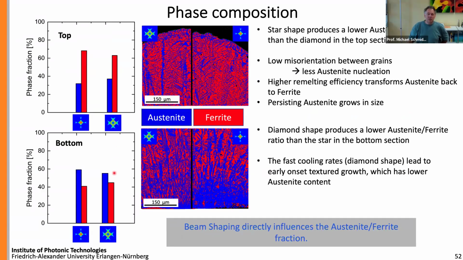And at the bottom, and this is of course the influence of the residual heat that we get when we build up our part, we get much more austenite than we had originally on top, and our ferrite is quite reduced, and we are in an area already where you can see we still have an influence of our beam shape on the content, even in the area that was influenced by residual heat.